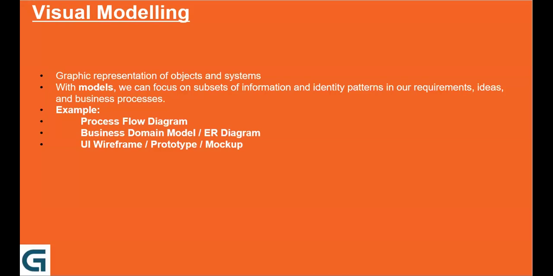Thank you. So visual modeling is nothing but a graphical presentation of various objects and systems, and with this model you enhance the requirements, ideas, and business processes, like the process flow diagram and business domain model such as the ER diagram.